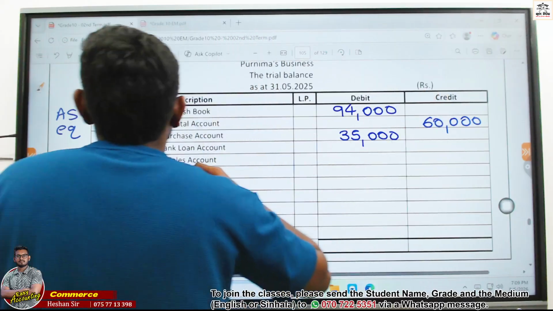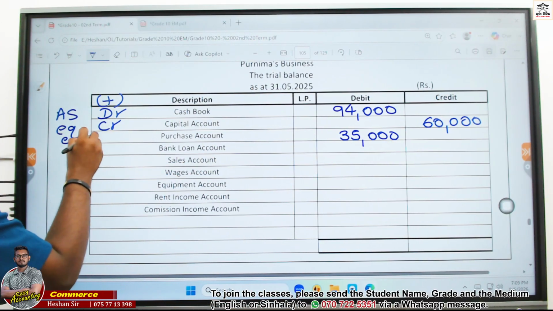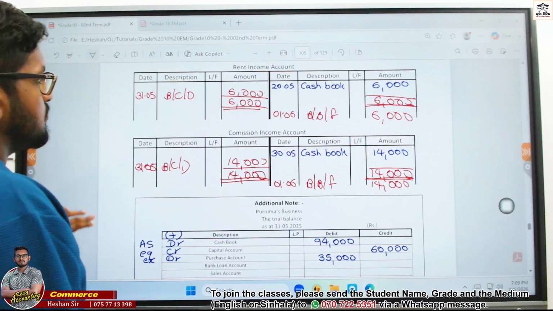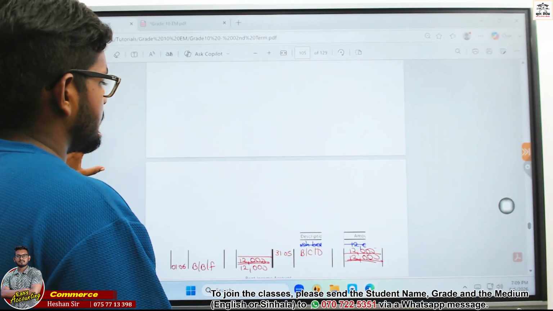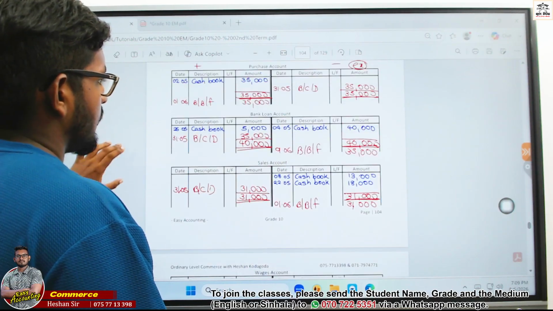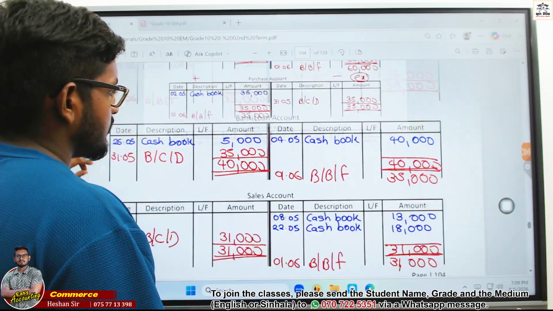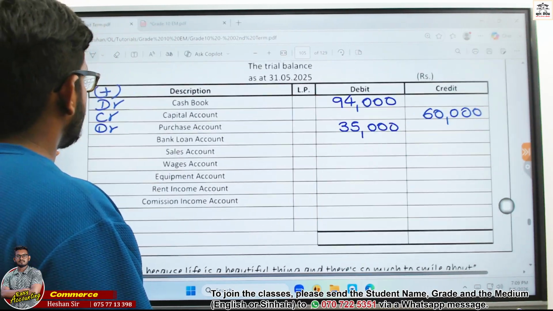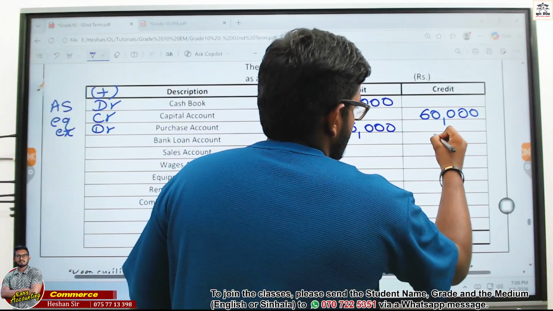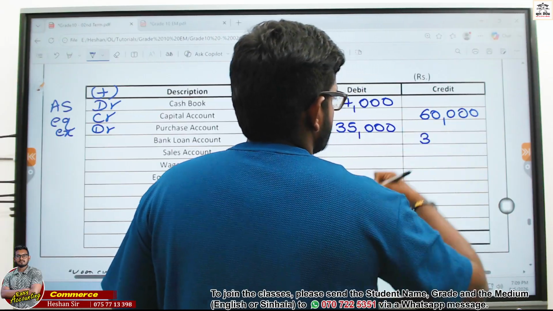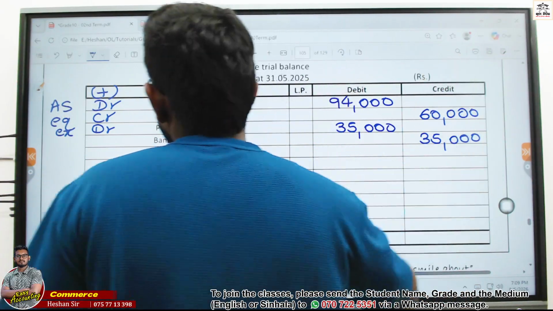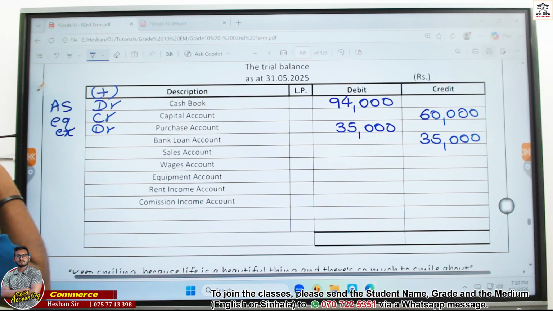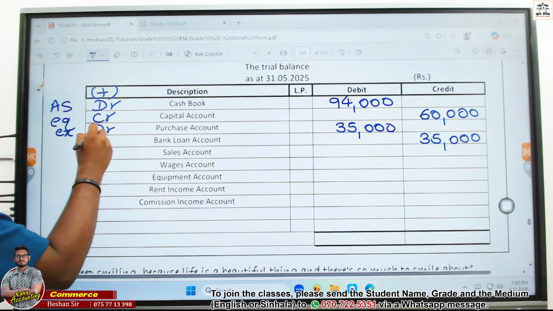Bank loan account is a liability account, also 35,000 credit. In liability, the increase goes to which side?